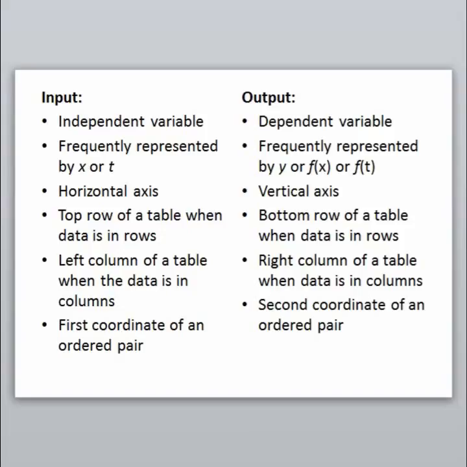In English we read left to right, top to bottom, so the input's always what comes first. It's either on the left side or on the top, whichever one you come to first. If we're talking about an ordered pair, then the input is the first coordinate and the output is the second coordinate. This will be a useful slide to come back to as we're looking at functions in different forms, so you can reference what's what.